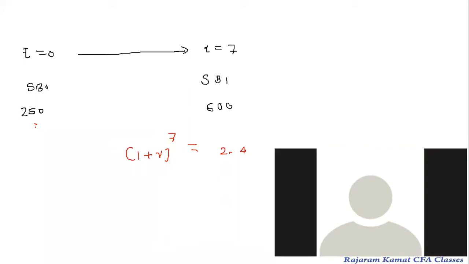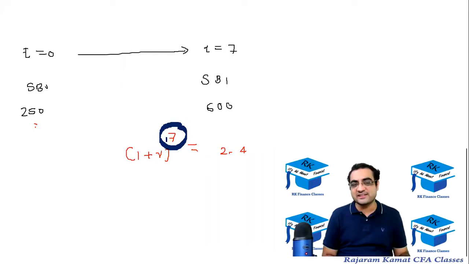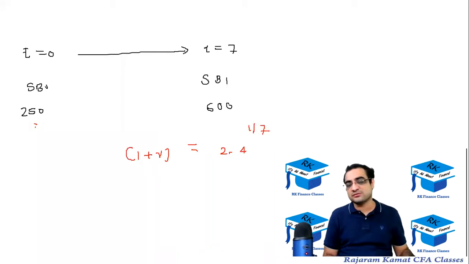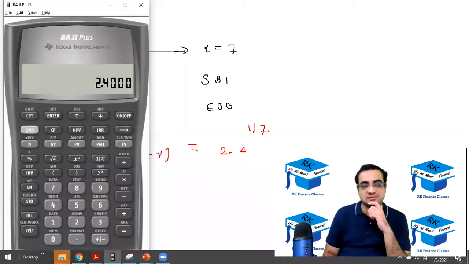Now we take the seventh power to the right hand side. That would be 1 by 7. Good. So we take the 7 on the other side and it becomes raised to 1 upon 7. So how do we do that? 2.4 raised to 1 upon 7.